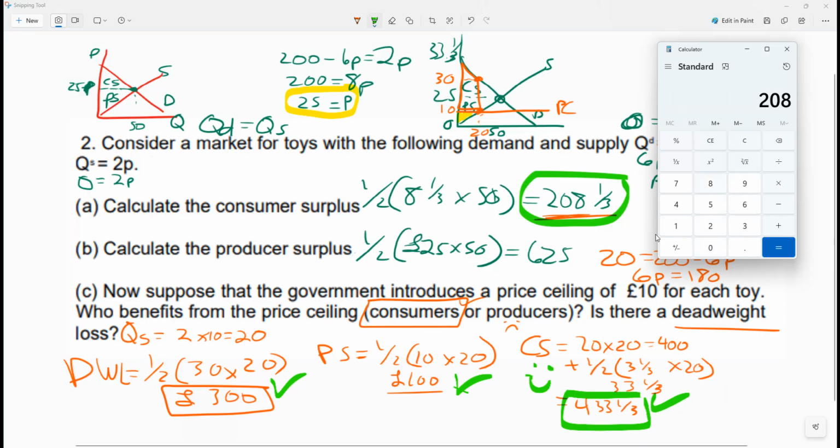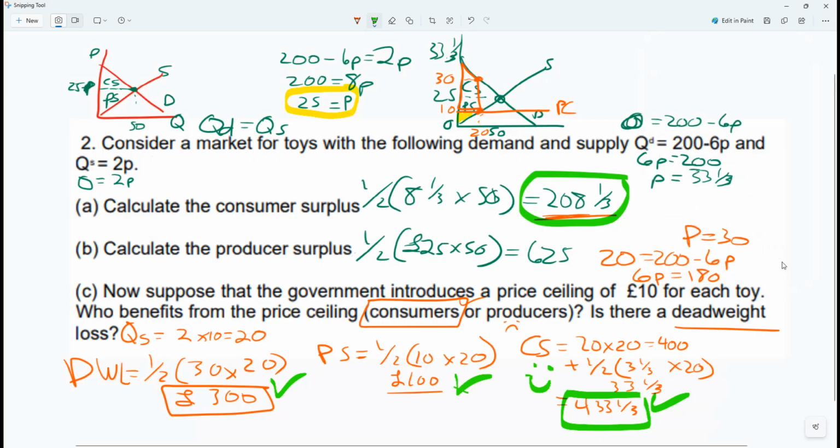So 208 plus 625. I get 833 and a third. I just remember I have a third there. Now 433 plus 100 is 533, plus 300. And I got 833. So 833 on both ends. Did it right. That's how you can check your work. So that is consumer and producer surplus on price ceiling or just with the free market.